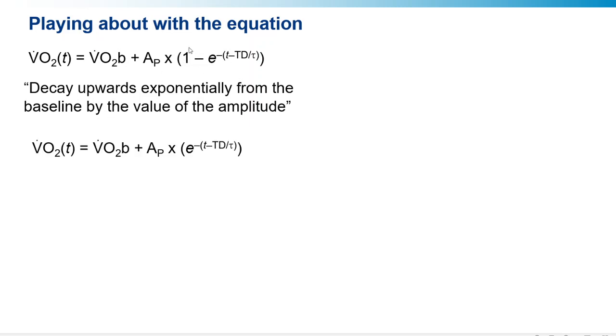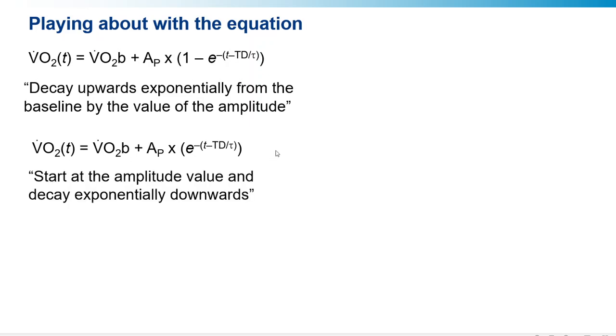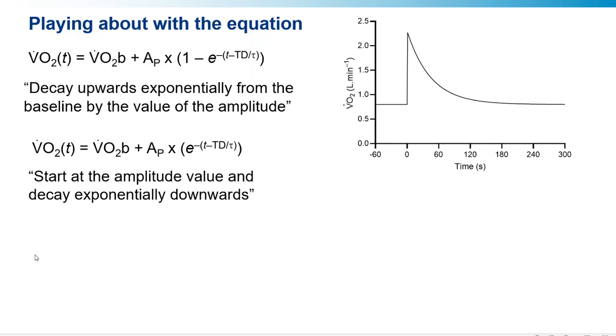So we get rid of the minus 1. So what happens there? Well, what you're then saying is start at the primary amplitude, that value, and then decay exponentially downwards. And so that's what that equation would look like if you tried to fit it.